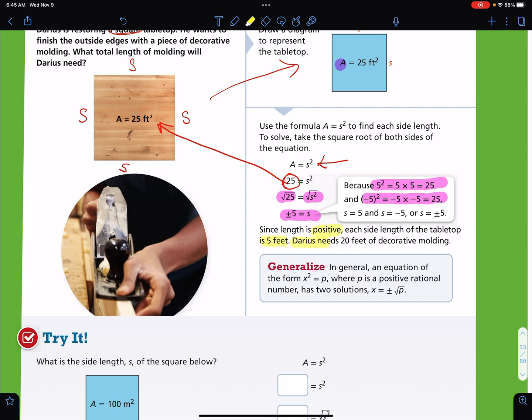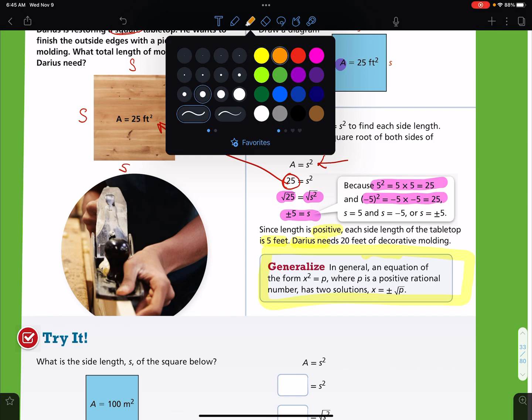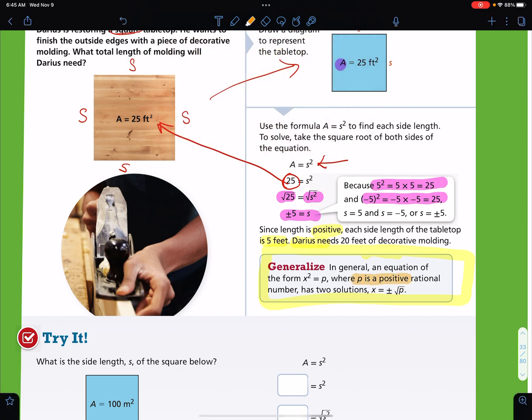So in general, an equation of the form x squared equals p, where p is a positive rational number, has 2 solutions. The key thing you need to remember that may pop up on a test: p has to be a positive rational number. So you cannot, at this point, take the square root of a negative number.